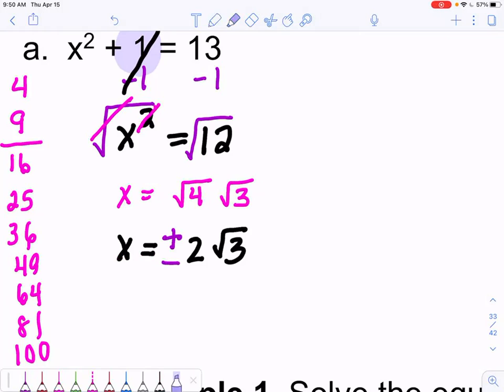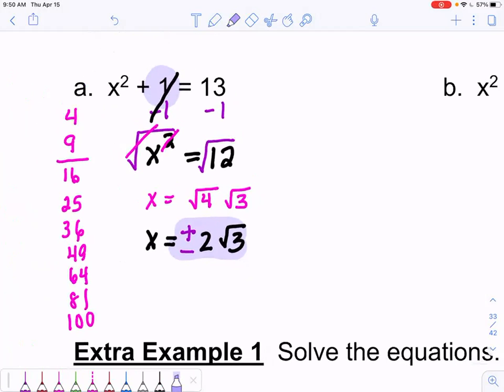So every answer is a plus or minus because I can have two answers when there is x squared. So x squared means two answers for x, one that's positive and one that's negative. Just like when we were factoring, we always had two parentheses with x.